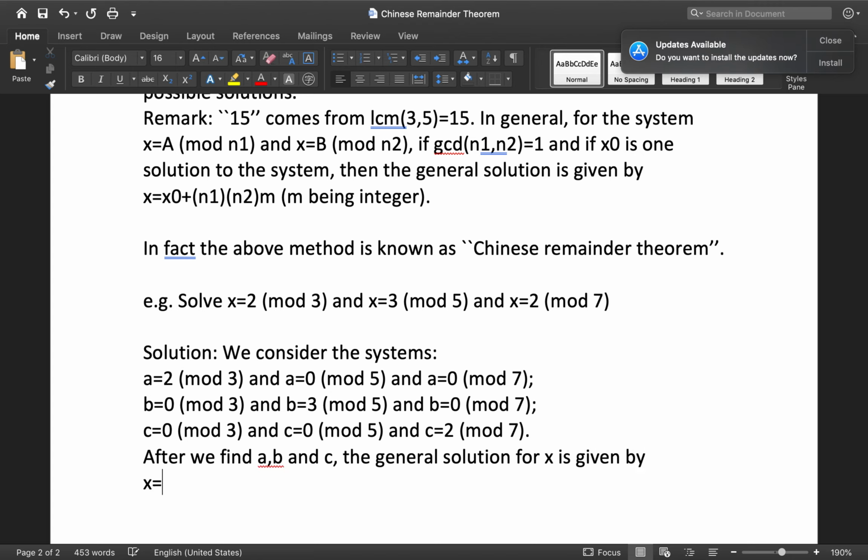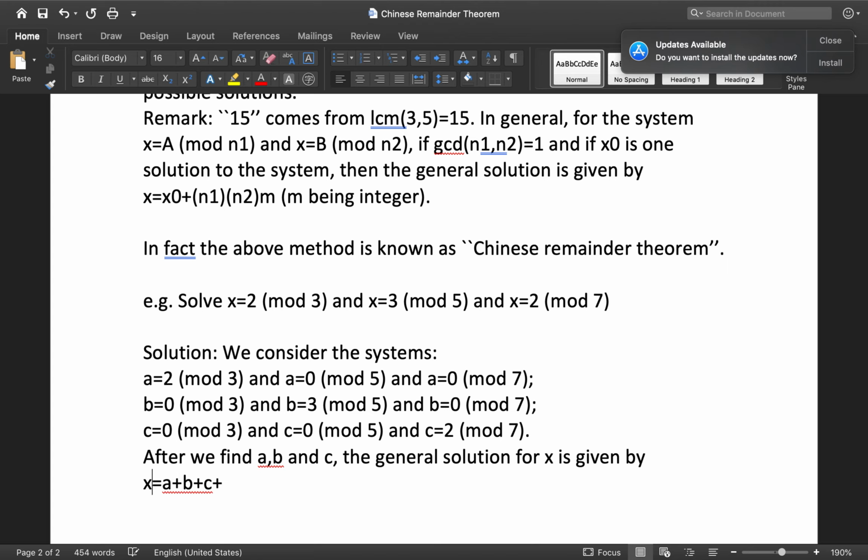You just take a plus b plus c. Because I have to get the general solution, you have to give me all the solutions. So a plus b plus c is just one solution.